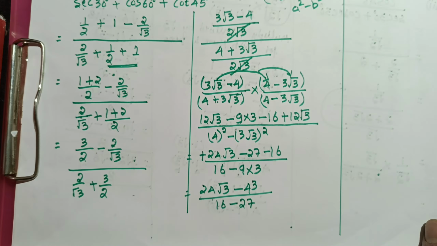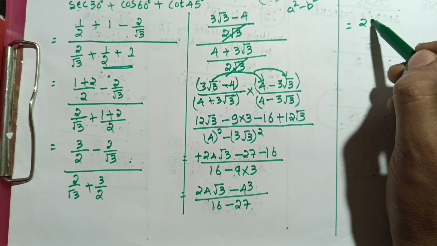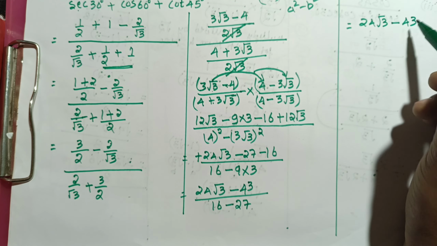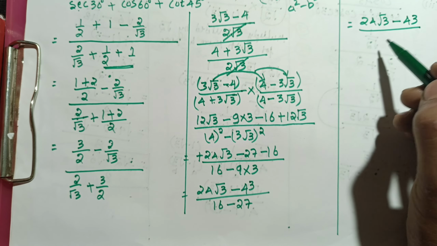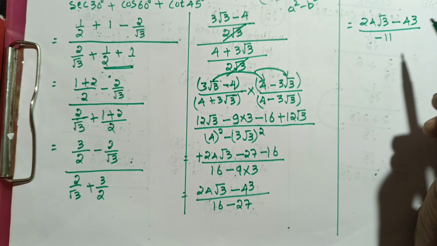So now I will simplify this. 24 root 3 minus 43 divided by 16 minus 27 is minus 11.